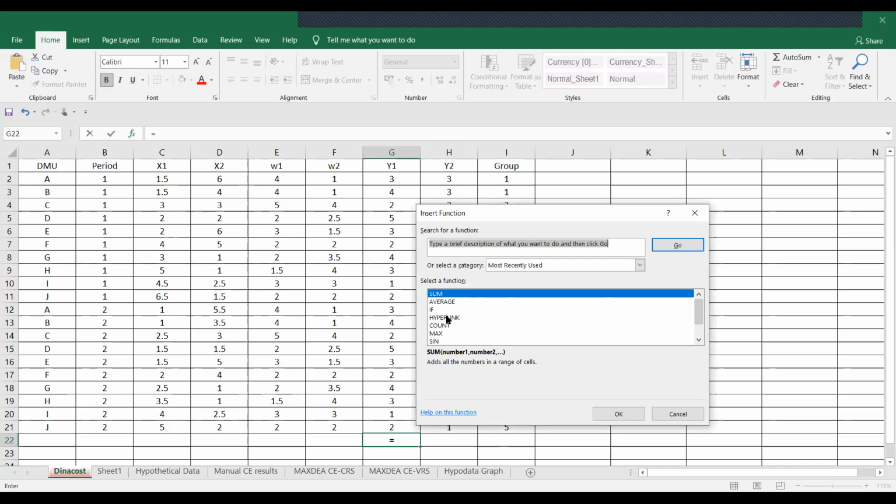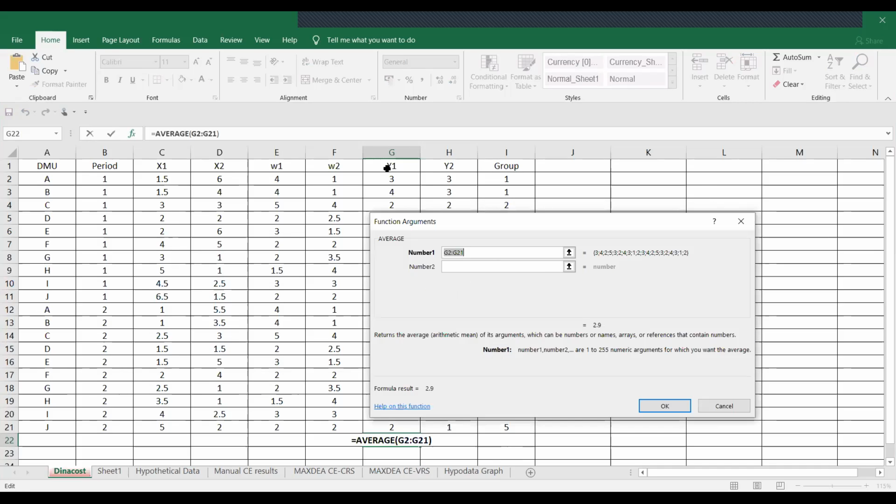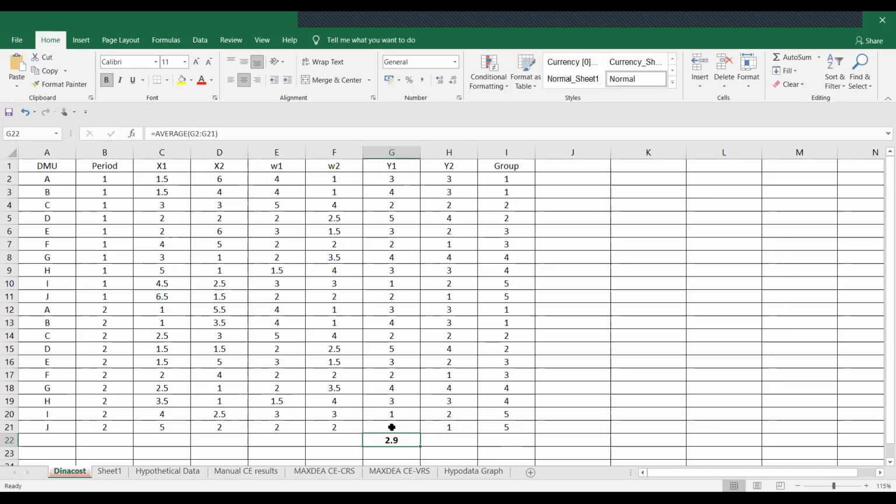Let me find the average of this. The average here is 2.9. Now let me get the standard deviation.